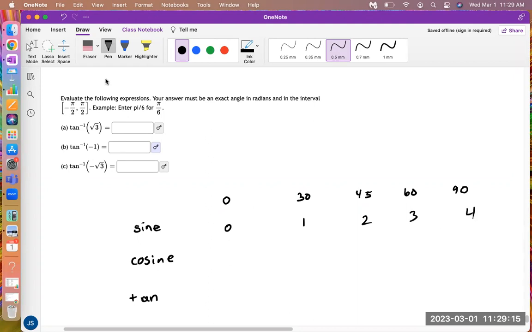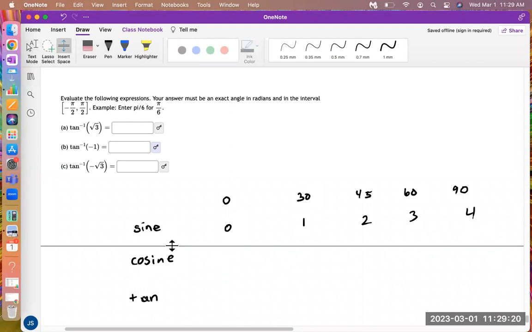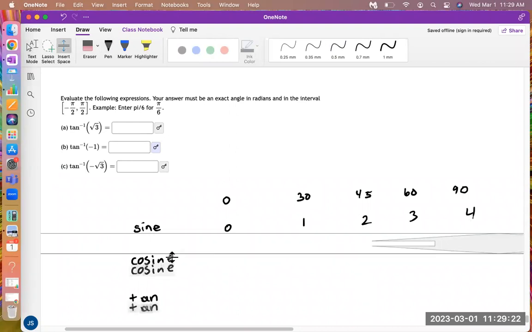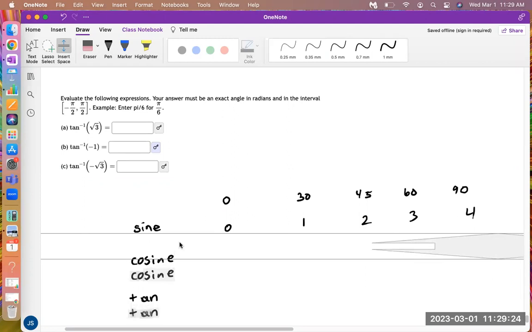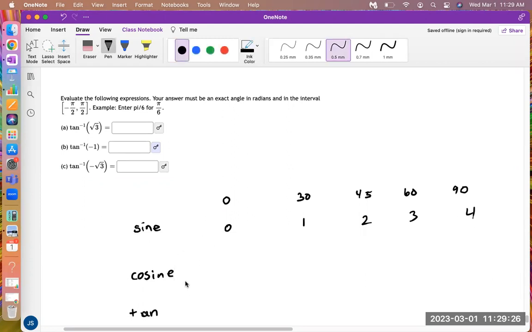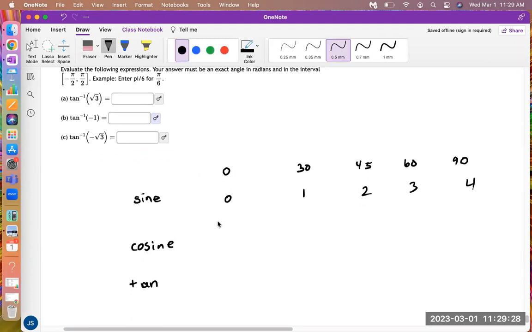Then with cosine, move it down a little bit, and then I just go backwards: 4, 3, 2, 1, 0.